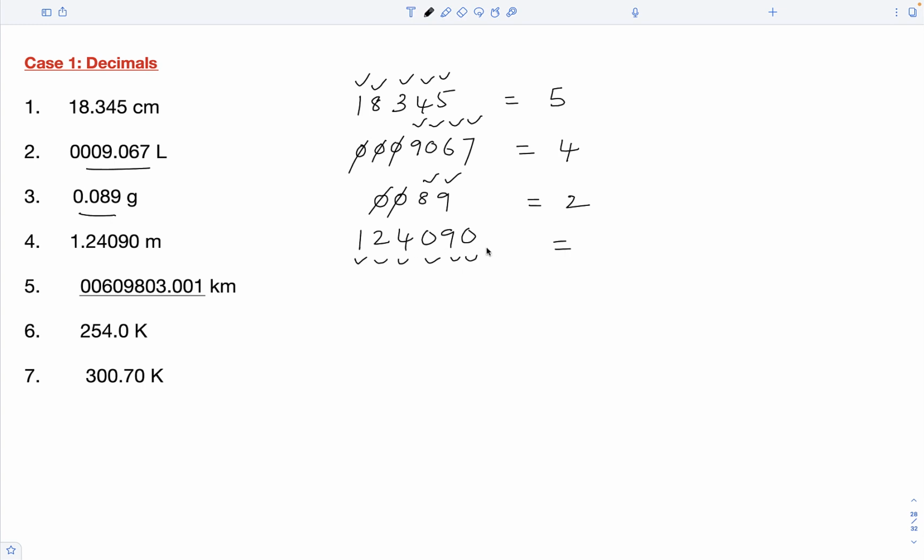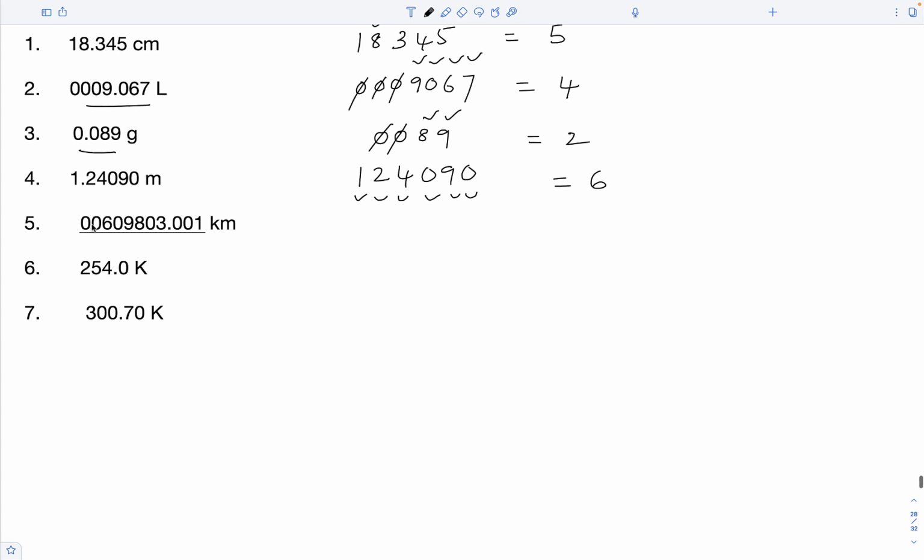So the number of significant figures here is 6. And in this case, if you drop this decimal point, it becomes 006098030001. Again, these 2 leading zeros are useless and every other digit contributes to its magnitude. So count every other digit.